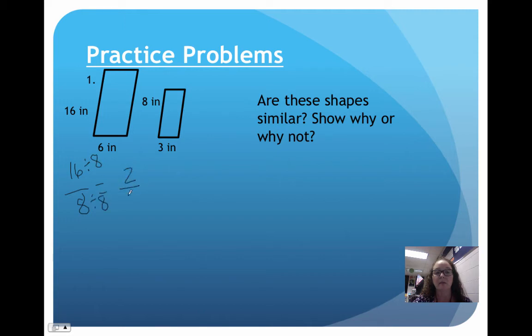So we have a 2 to 1 ratio. Down here, 6 and 3. Greatest common factor is 3. So we also have a 2 to 1 ratio. These are similar. And they are similar because they have the same ratio.